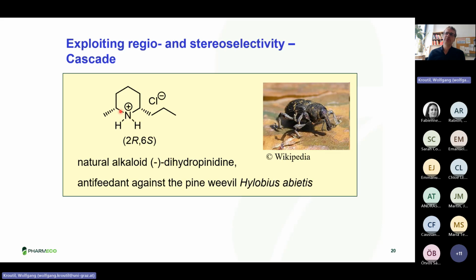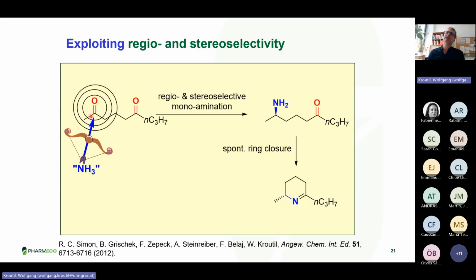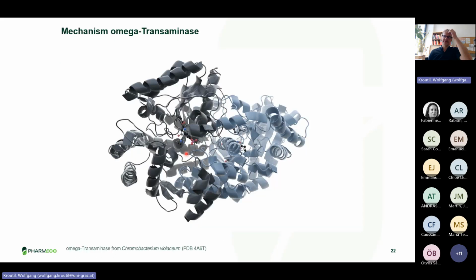When you open on both positions, you would have a diketone, and you would need regio-selective amination and stereoselective amination, and only monoamination. So that was our vision, that we make monoamination in a stereoselective fashion and then get the ring closure. And the enzyme, I mentioned it before already, is this transaminase.